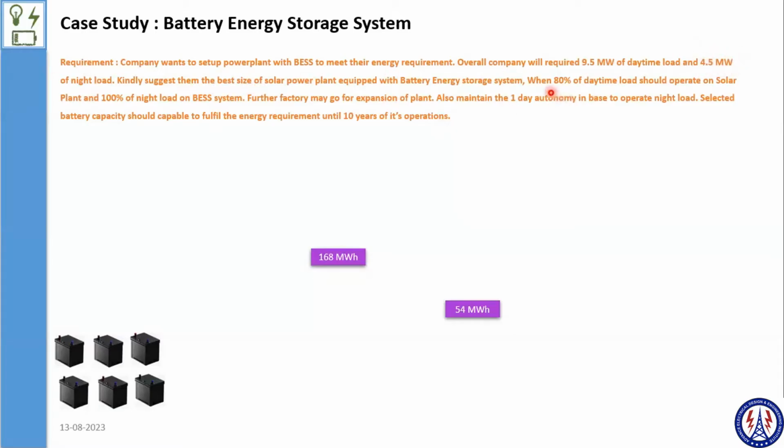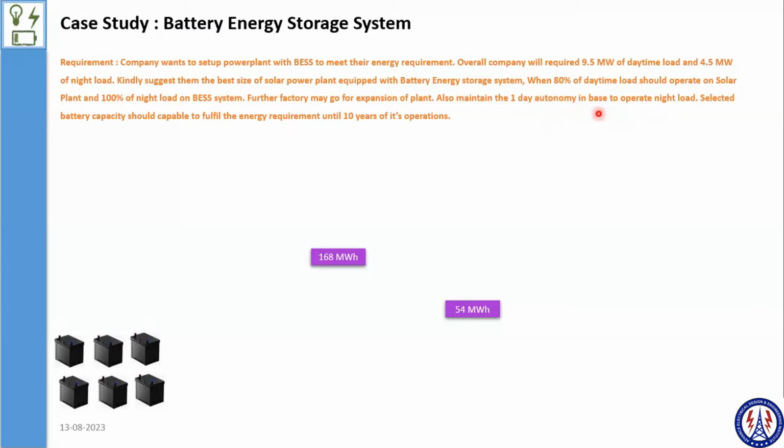I want to solarize my factory with 80% of its capacity in the daytime, and during the night I want to operate every load on a BESS. So kindly suggest the battery capacity, kindly suggest the solar power plant size, and consider that the battery should have 1 day autonomy.